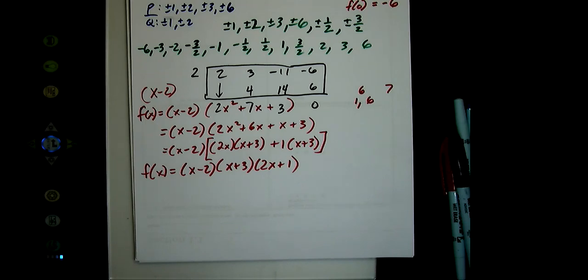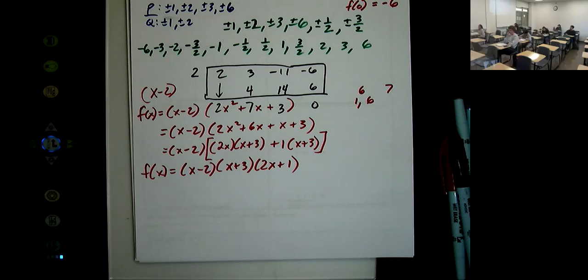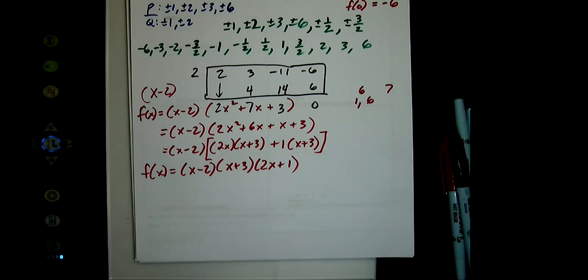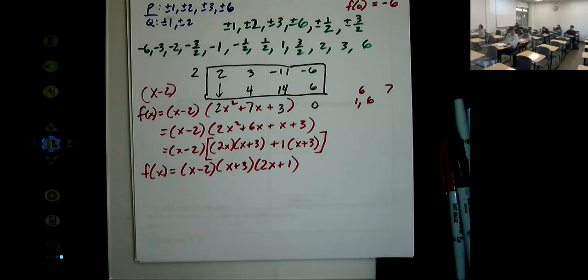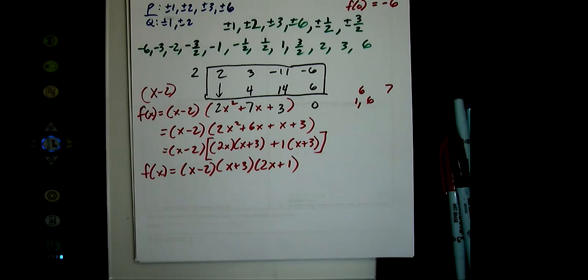I have a question. If the leading coefficient is not 1, doesn't that mean that one of the roots has to be a fraction?